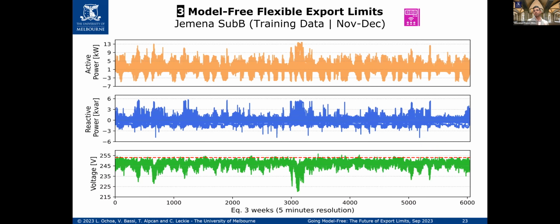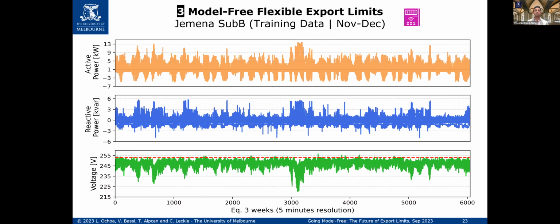In terms of the training data, which is the data that we use to produce the neural network, this data corresponds to the months of November and December, which on this side of the world is the end of spring, start of summer. In the upper plot, you can see the active power. In the middle one, you can see reactive power. And in the lower one, you can see voltage. In terms of active power, as I was saying, we have 14% of PV penetration, so we can see that there are some PV injections.